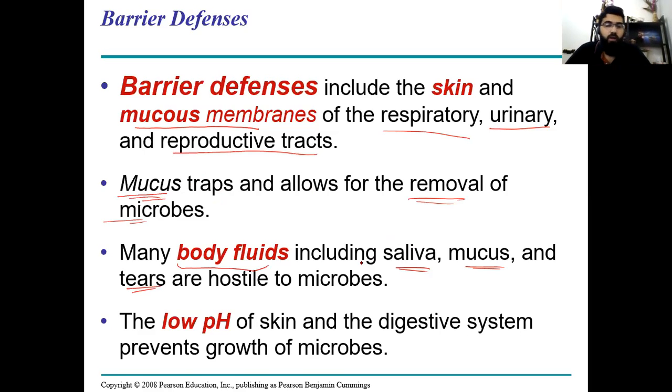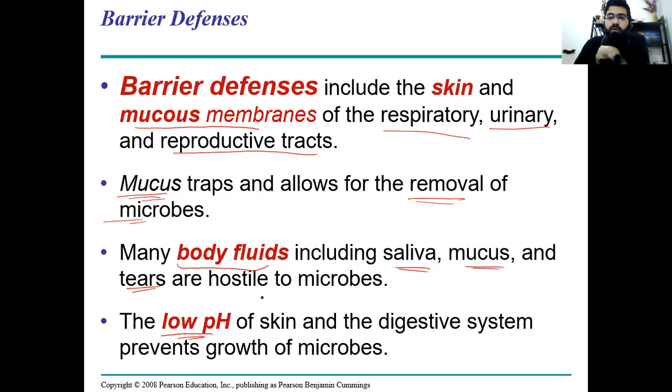Also, the skin has low pH, so the pathogens on the skin cannot reproduce and carry out their activities. In addition to that, the outermost layer of the skin consists of dead cells, so microbes cannot grow on the surface of the skin, in addition to the low pH.